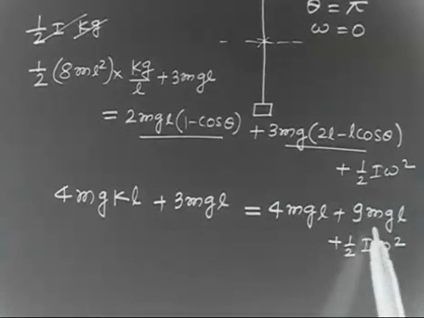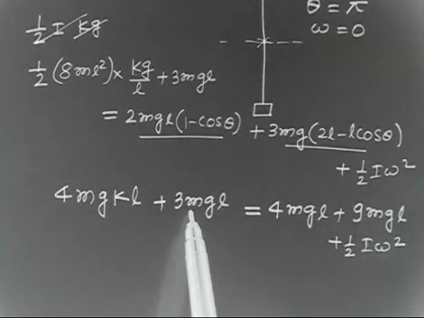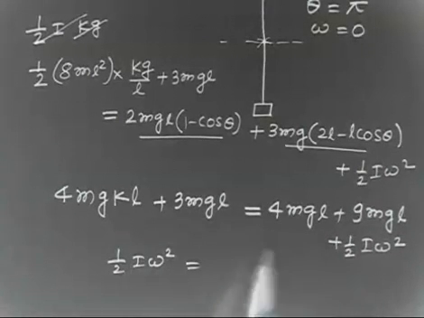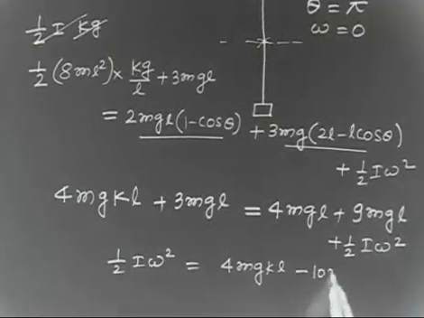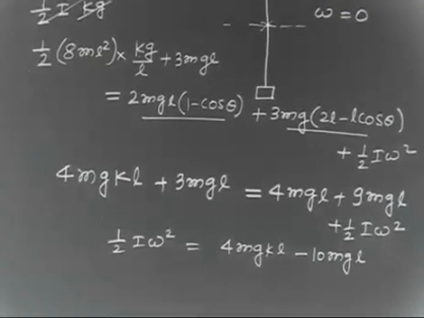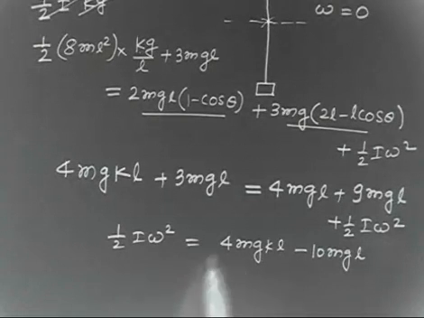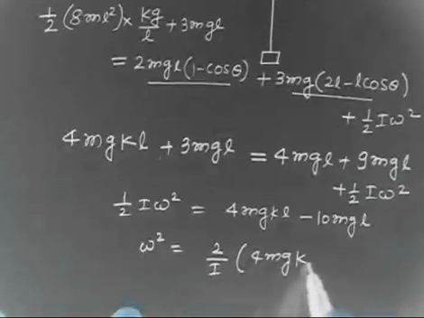If you see, this becomes 9mgl plus 4, 13, and this 10. So I can write half I omega squared equals 4mgkl minus 10mgl. This is the expression for omega squared. Omega squared you can say is 2 by I times 4mgkl minus 10mgl.